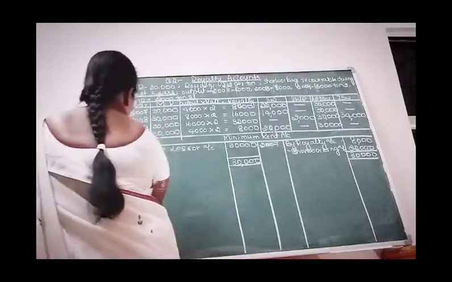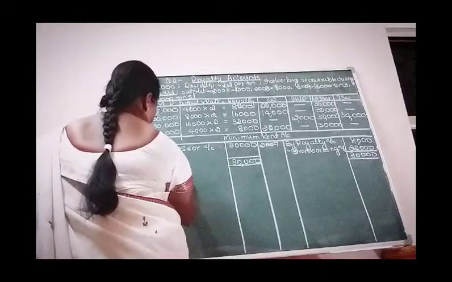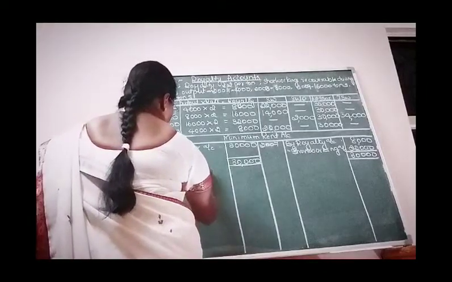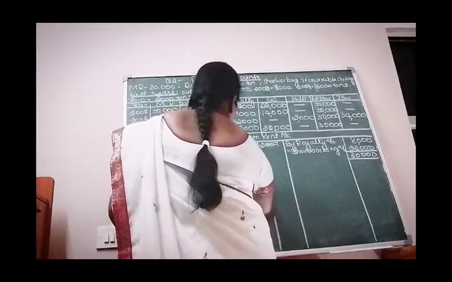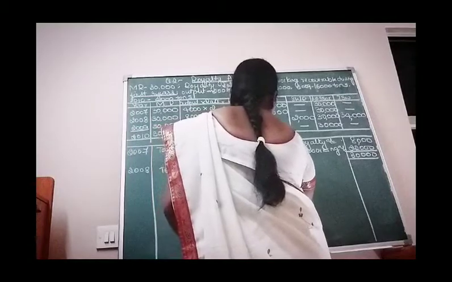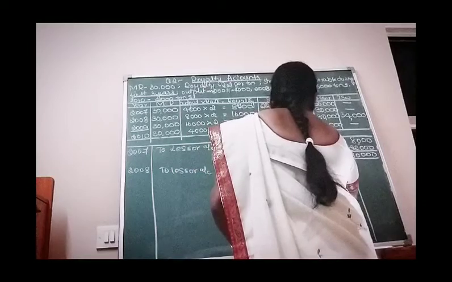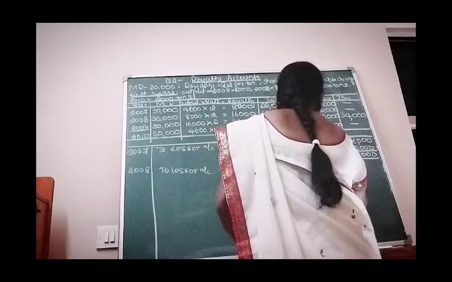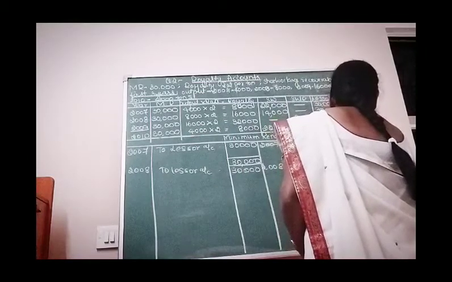Exactly similar, 2008. Again we write for to lessor account. Second year also minimum rent is 30,000. And in this year again this 30,000 consists of royalty of rupees 16,000.